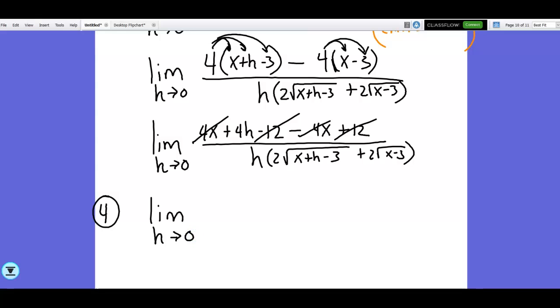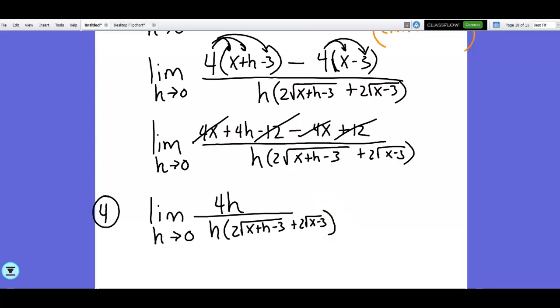On the top, all I have left is a 4h. And on the bottom, I have h and then everything else down there, which is quite a bit. So let me write all that out. All right.